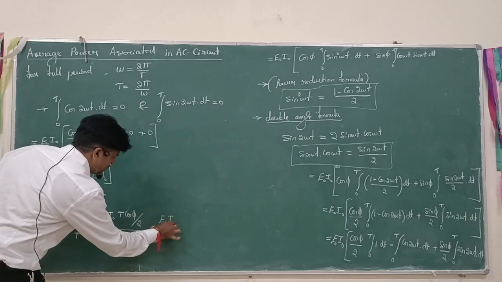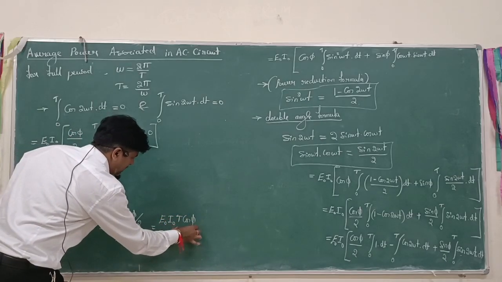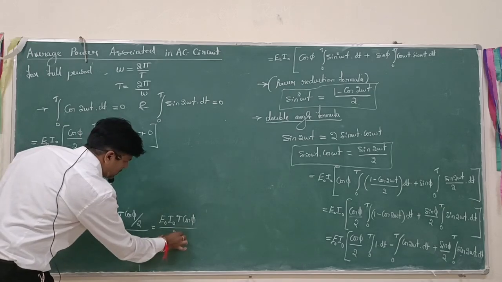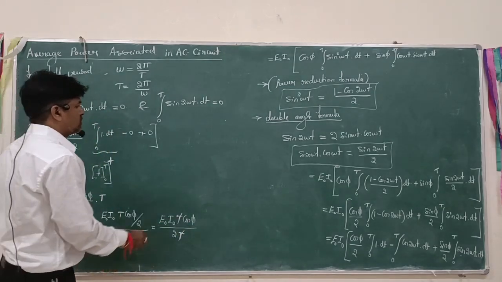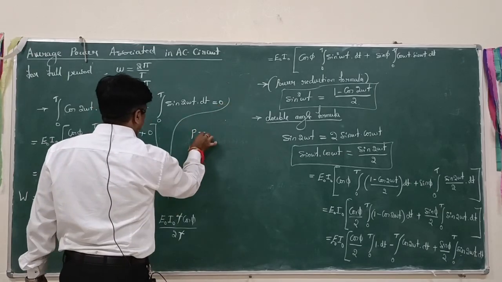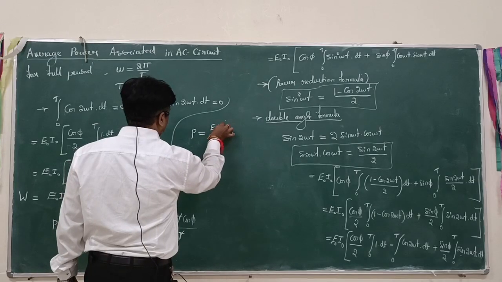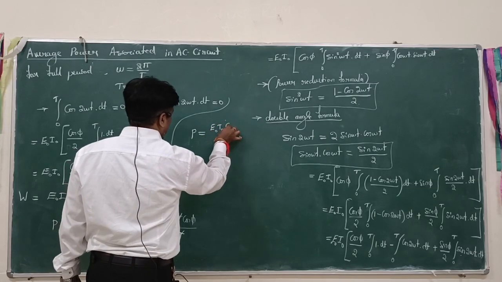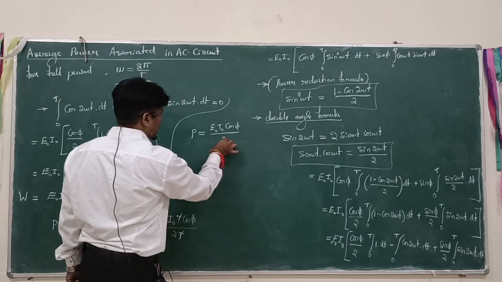E naught I naught T cos pi divided by 2T, T gets cancelled. So what is the expression of power that we get here? Power is equal to E naught I naught cos pi divided by 2.